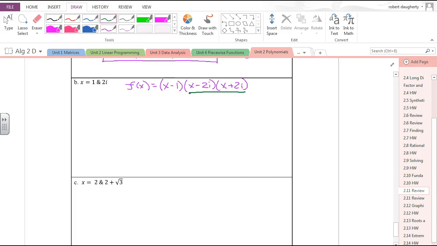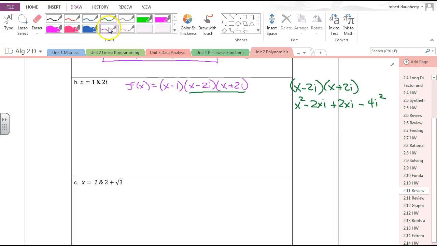Okay, so when I do this, x minus 2i times x plus 2i is x squared minus 2xi plus 2xi minus 4i squared.